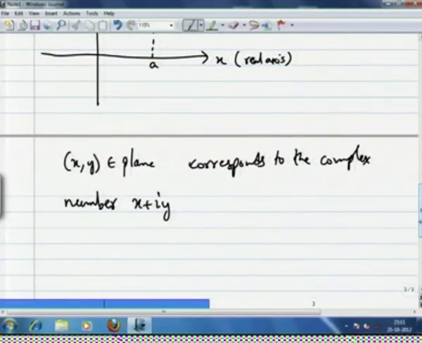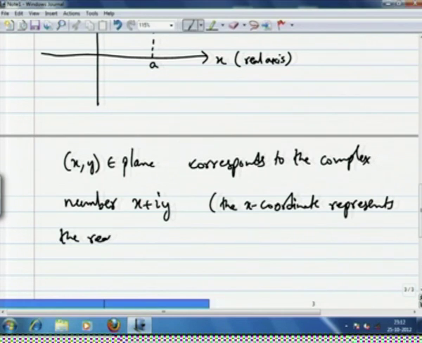And so, the x coordinate represents the real part, and the y coordinate represents the imaginary part.